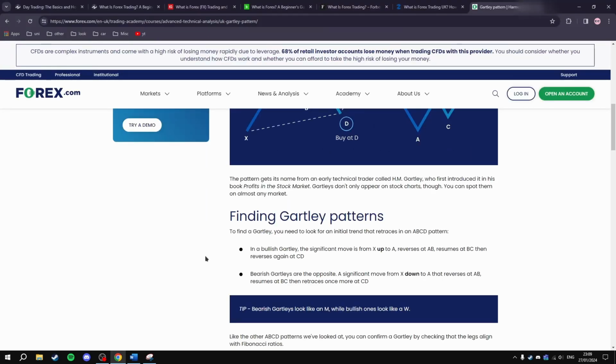In a bullish Gartley, the significant move is from X up to A, reverses at AB, resumes at BC, and then reverses again at CD.